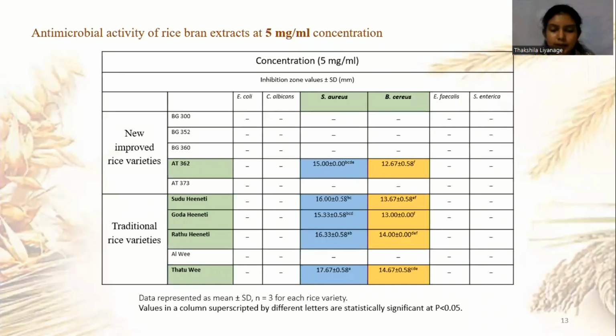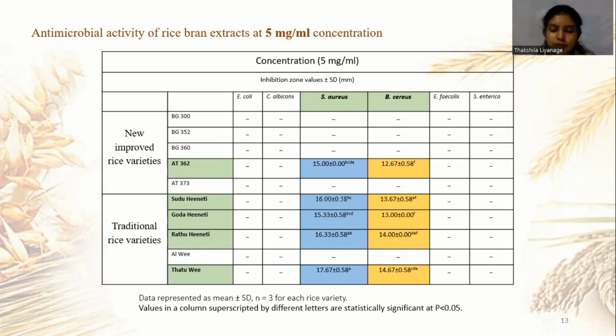At the 5 mg per milliliter concentration, the rice varieties showed antimicrobial activity against Bacillus cereus and Staphylococcus aureus only. Here, except LV, all other traditional rice varieties had antimicrobial activity, and among the new improved rice varieties, only the 8362 variety showed antimicrobial activity.